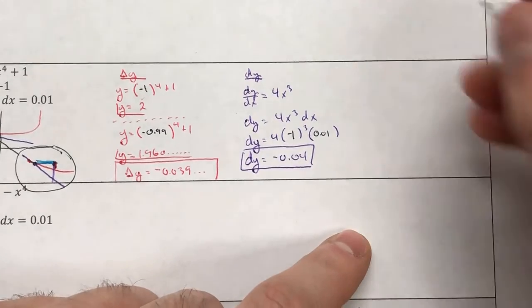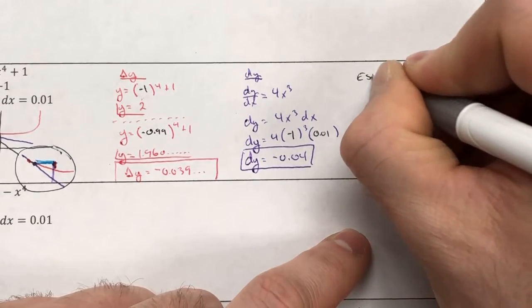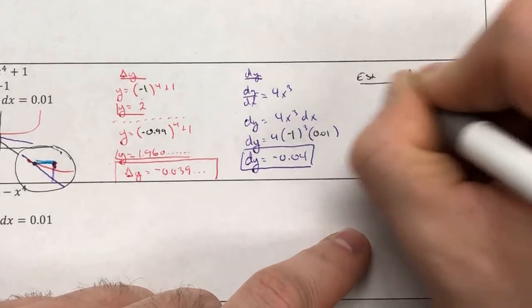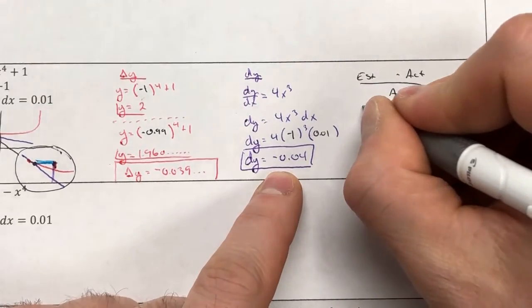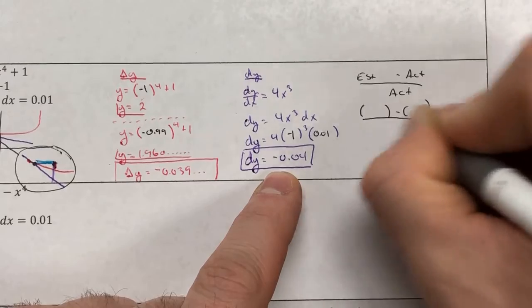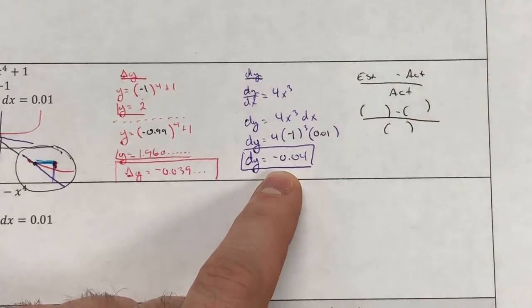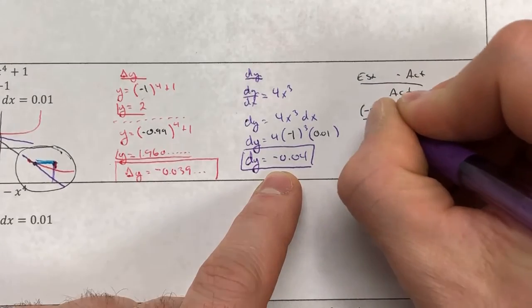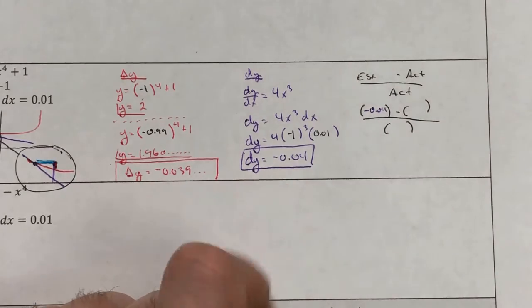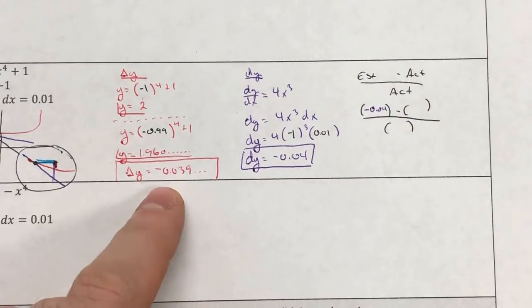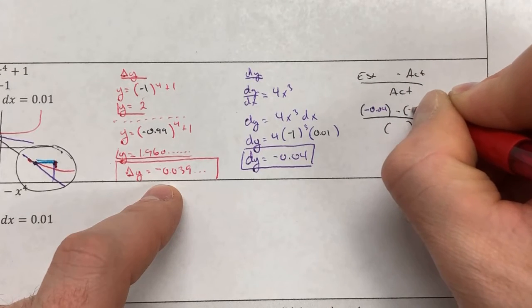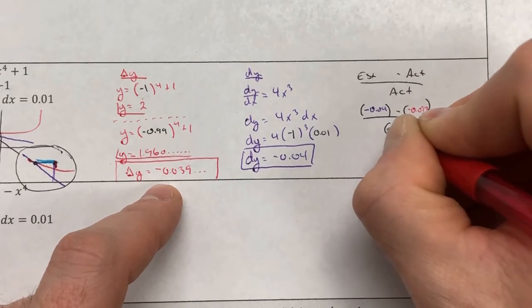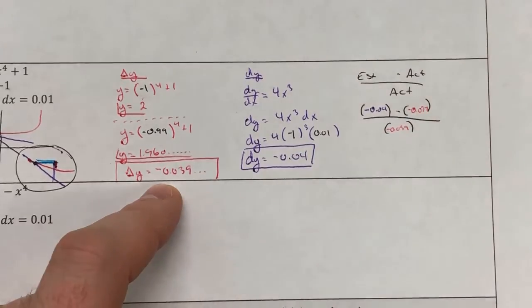So what we're going to do is we're going to take our estimated minus our actual all over our actual. So I estimated a drop of negative 0.04, and I actually dropped this thing, so I'm going to put negative 0.039.